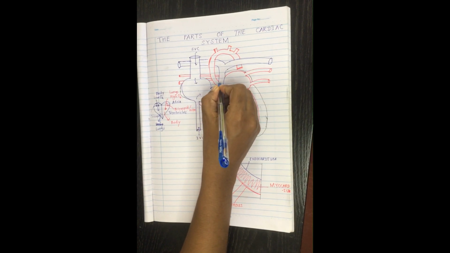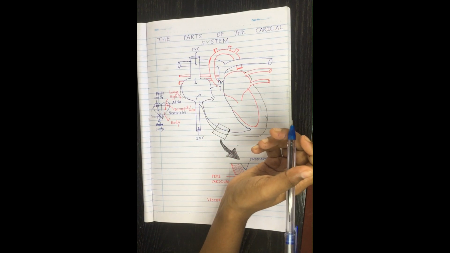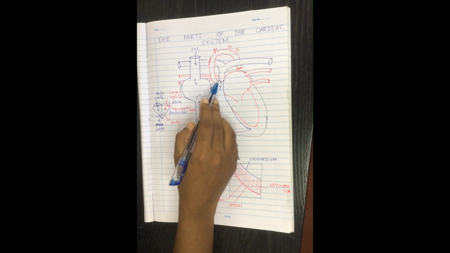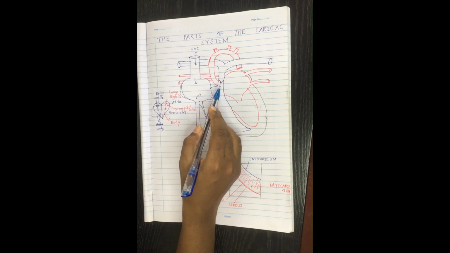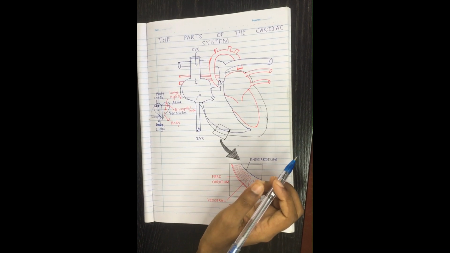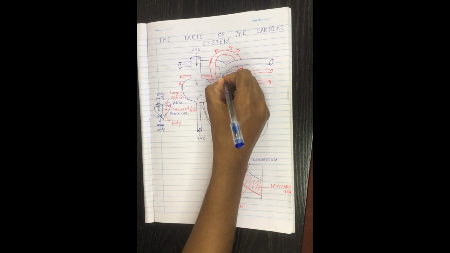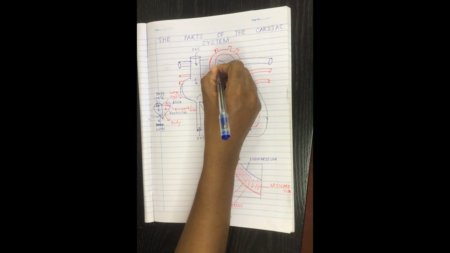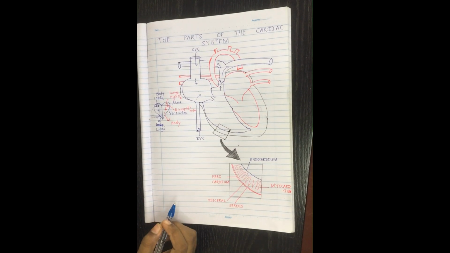So it enters the pulmonary trunk, but it has another part called the lunar valves. It is called the pulmonary lunar valves because it enters the pulmonary system. So this blood goes to the lungs to be oxygenated.